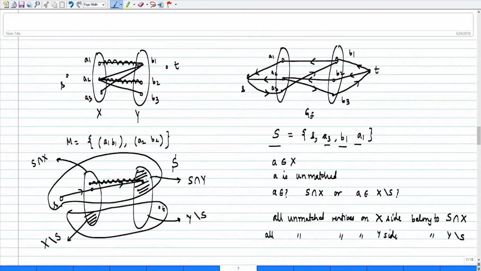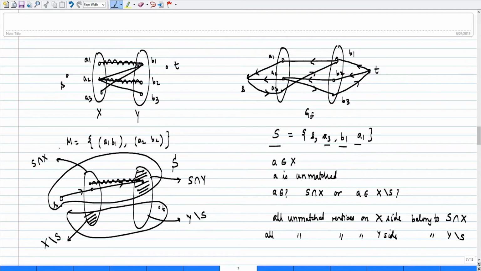Whenever a vertex is matched, its matched edge has been reversed in the residual network, and therefore if this vertex was reachable from S via some path, then using that reverse edge its matched partner is also becoming reachable from S. Therefore its matched partner must also belong to the set S intersection X.